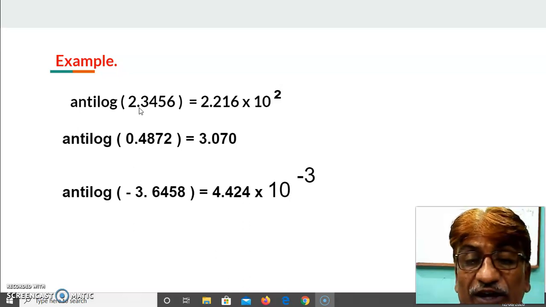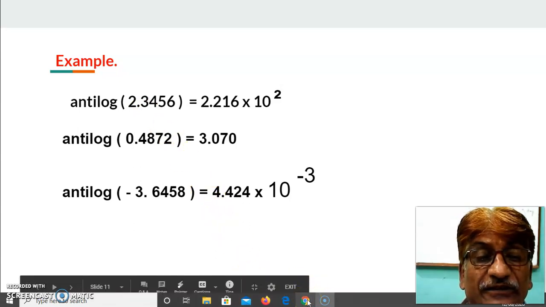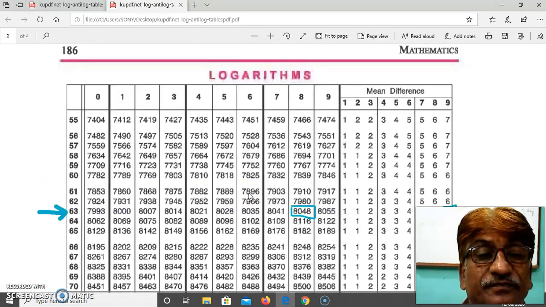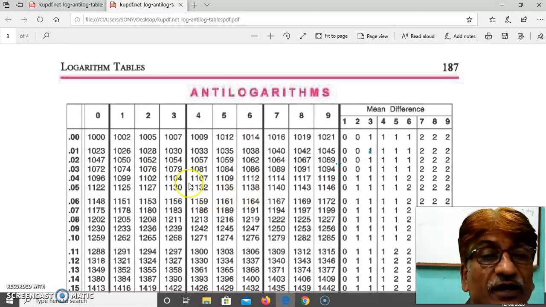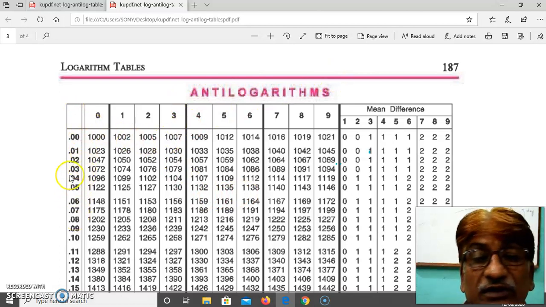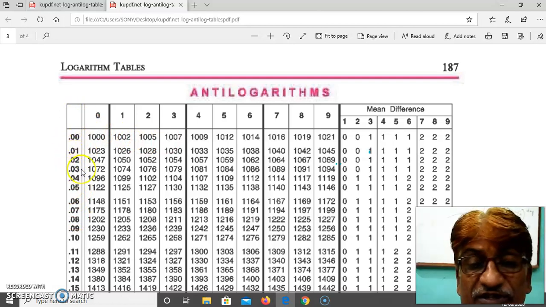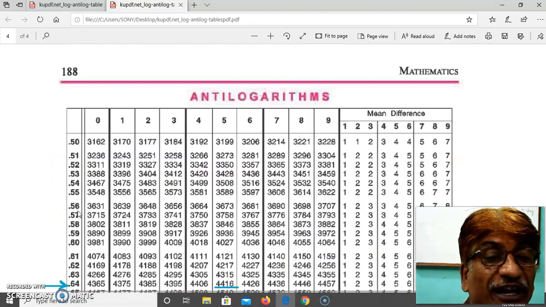after the decimal point, the first 2 digits are seen in the vertical column of anti-logarithm. See here, this is logarithm and this is anti-logarithm. In this anti-logarithm, the point starts in the first column. It will be 0.00, 0.01, 0.02, 0.03, 0.04, 0.05 up to 0.99.